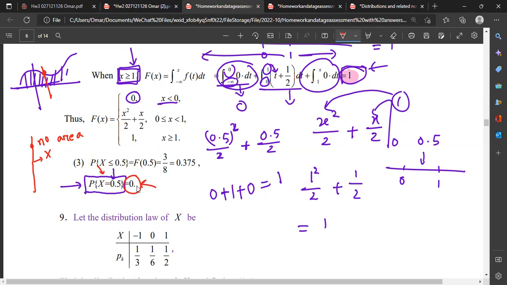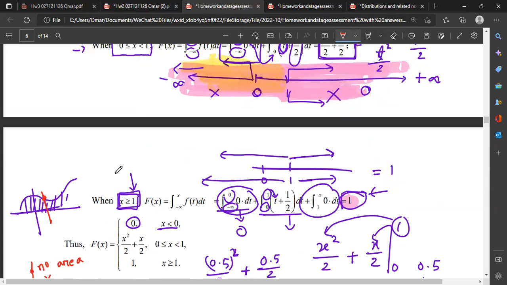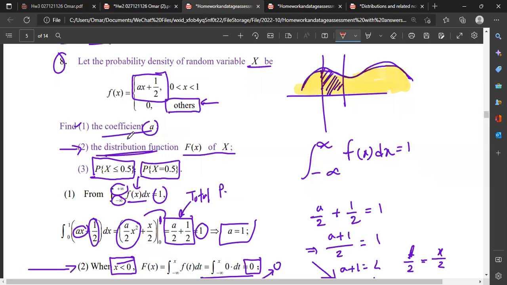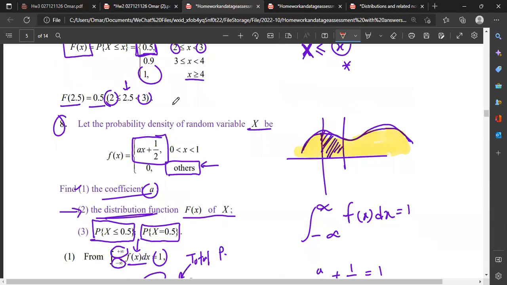So this is how we calculate the distribution function for a continuous random variable, okay? Because we see here it is written others. That means there are more options. So that's why this is a continuous random variable. And I think the teacher will not give this kind of question in the examination, because she already told us that this is quite hard.